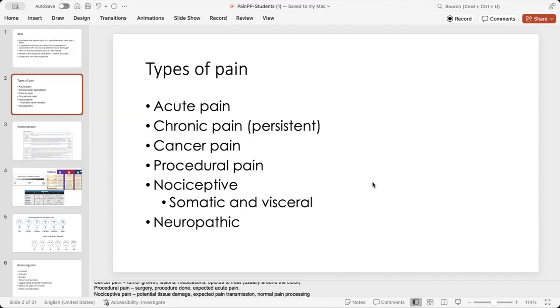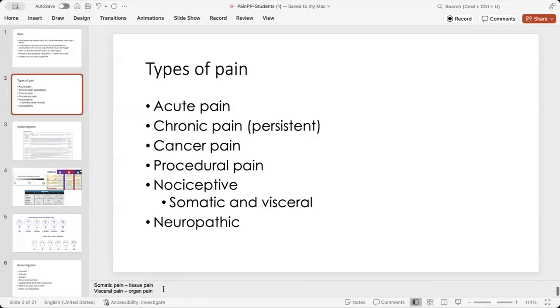When we talk about nociceptive pain, we can also have somatic and visceral. What is the difference between somatic pain versus visceral pain? Somatic is your tissue, skin. Visceral is more of the organs, the deeper linings of the body cavity.